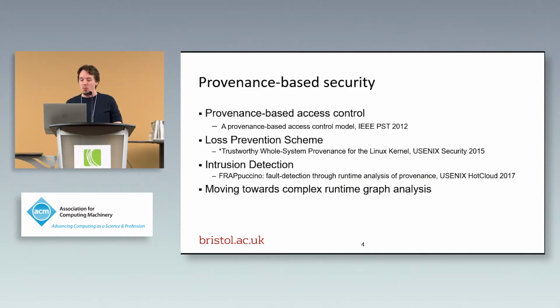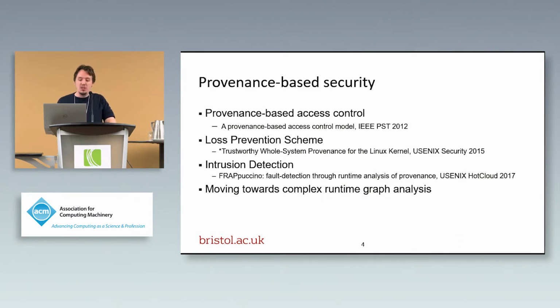So for example, our own work last year, or performed in the DARPA transparent computing program, that looked at using provenance to do intrusion detection. So analyzing the provenance graph to do intrusion detection.